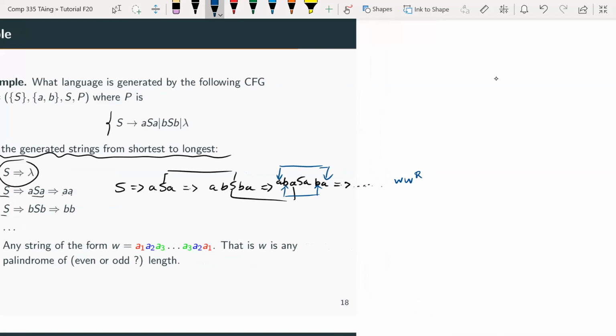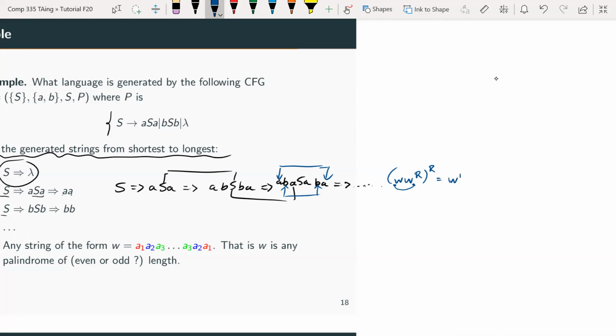It's going to be W W^R, and the reason for that is because here the leftmost symbol is going to correspond to the rightmost symbol here, and in fact the property of this string is going to be, if you reverse it with the operation R, you should get back the same string.